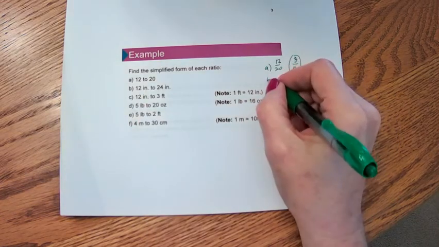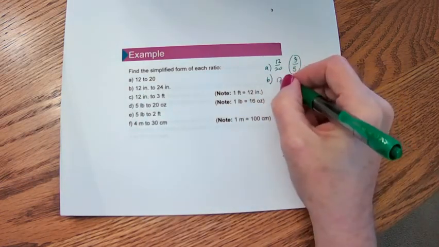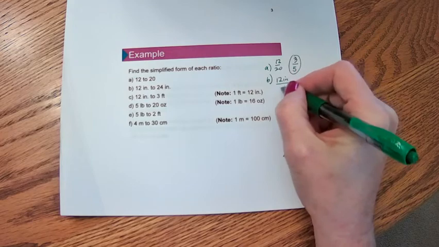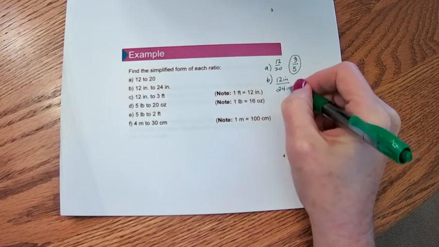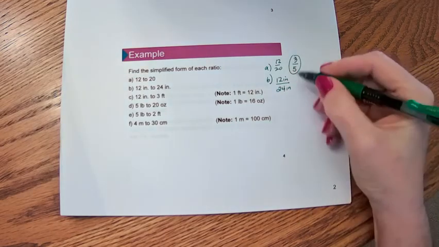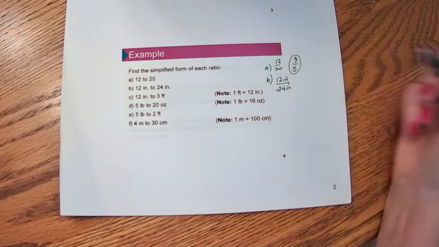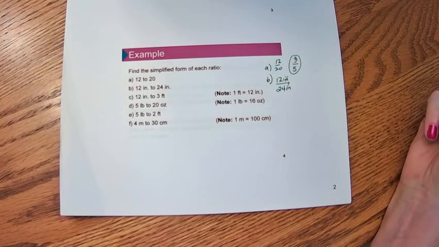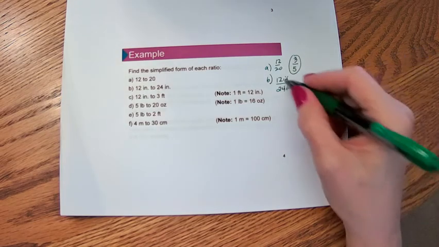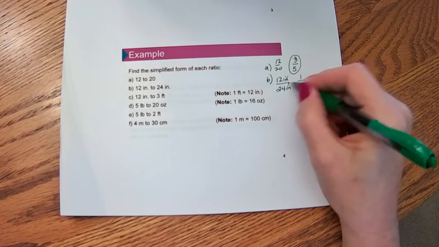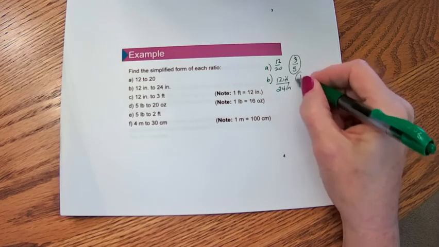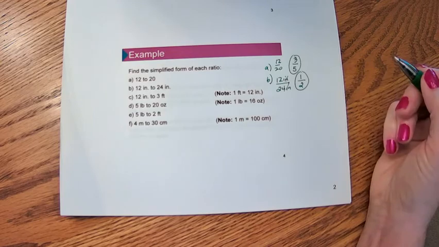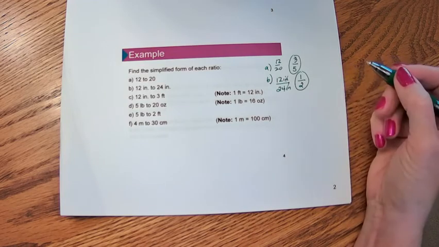How about B? That's 12 inches to 24 inches. So here they have the same units, so we're going to just cancel out the units in the numerator and denominator. And 12 goes into 12 once, 12 goes into 24 twice. So B could be represented as the ratio 1 to 2.